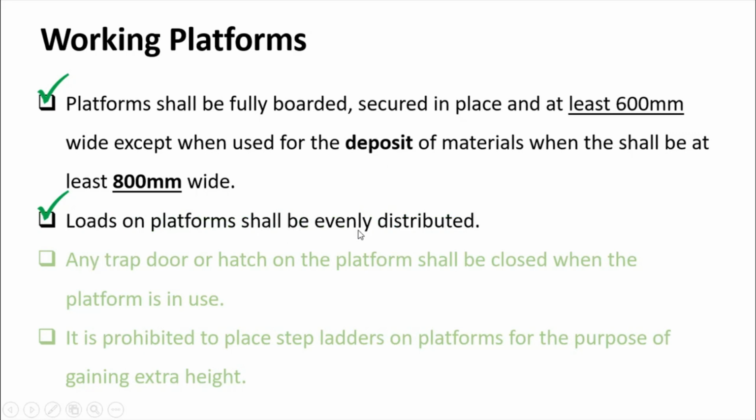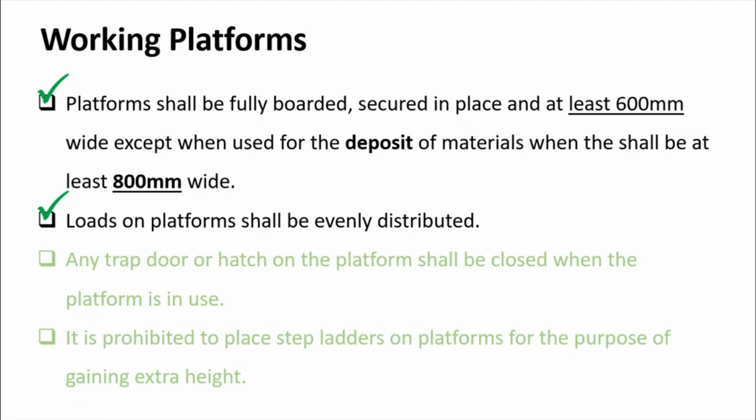Loads on the platform shall be evenly distributed. So why do we need to evenly distribute this load on the platforms? So that we can prevent concentrated load in one area only on the platforms. Remember that the capacity or safe working load of the platform is computed per square meter.